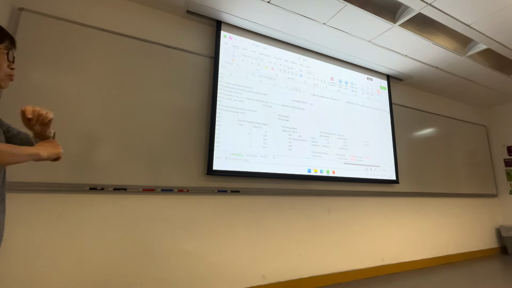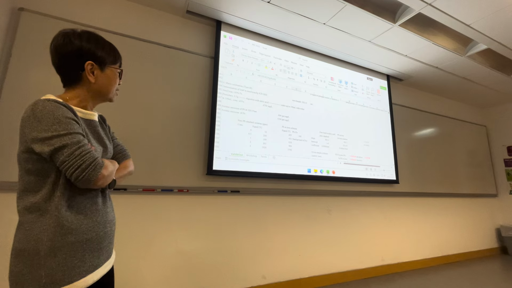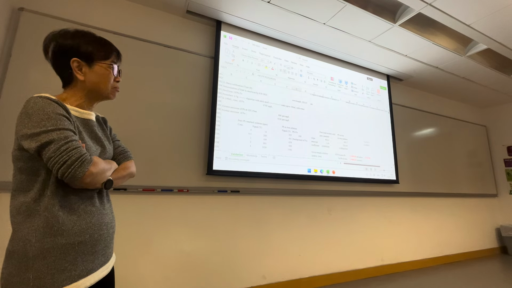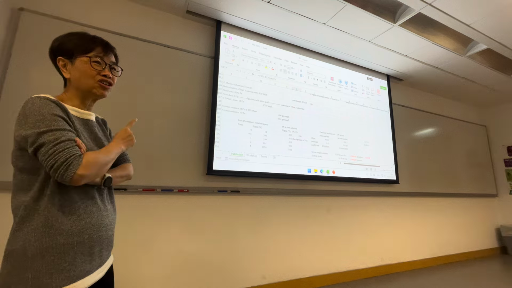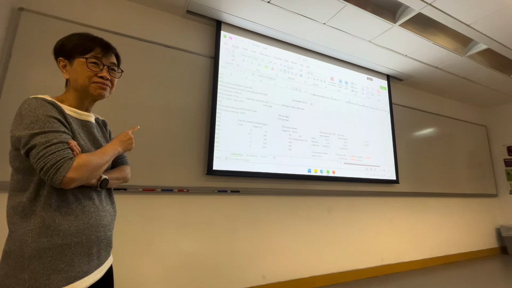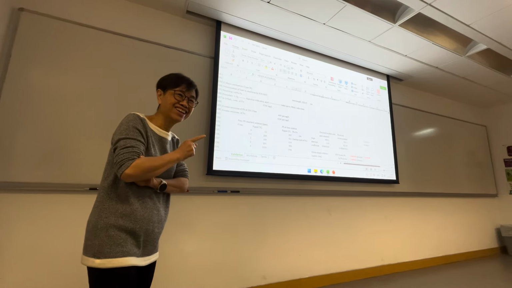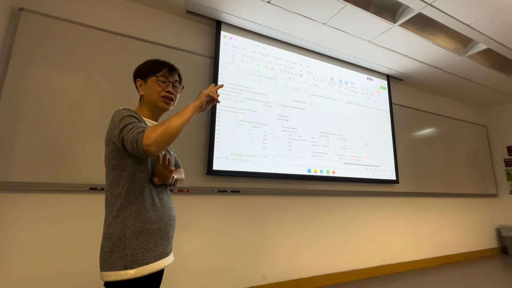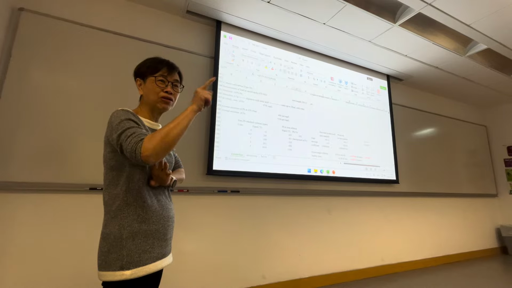For example, if we use 0.5 gram of iron, digest with nitric acid, and make up to 100 ml with water, okay? What is the concentration of iron in the sample solution? 95%. This is very high. The dilution factor is only 200 times, because 0.5 gram to 100 ml.